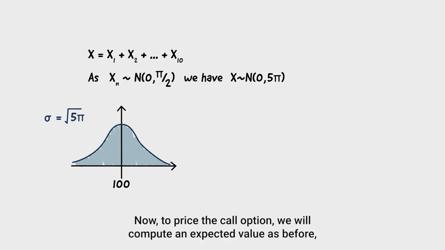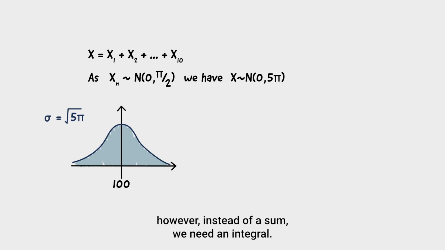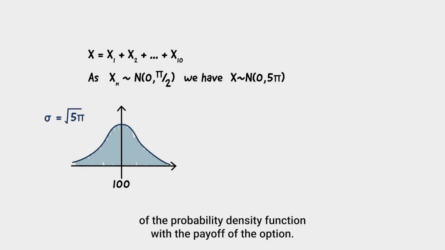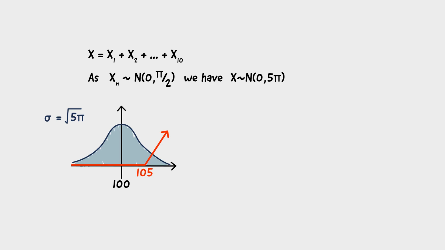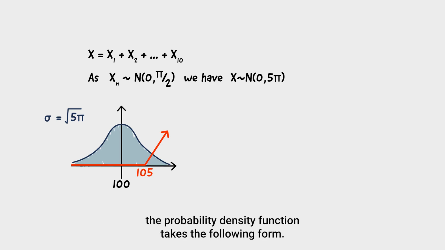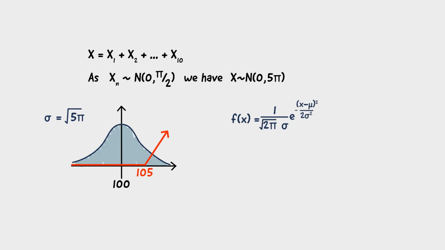Now, to price the call option, we will compute an expected value as before. However, instead of a sum, we need an integral. Specifically, we need to integrate the product of the probability density function with the payoff of the option. Recall that for a normal distribution, the probability density function takes the following form.